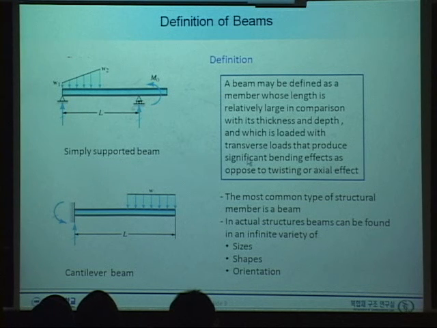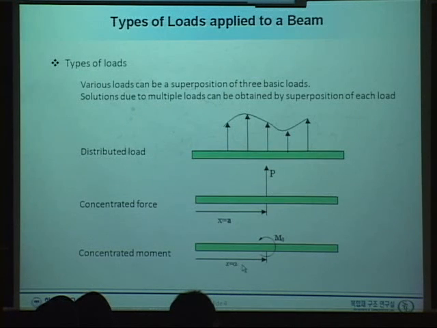That's a geometrical characteristic of a beam. The most common type of structural member is a beam, as I mentioned. In actual structures, a beam can be found in many different combinations of sizes, shapes, and orientations.